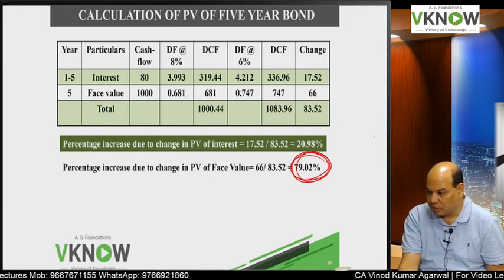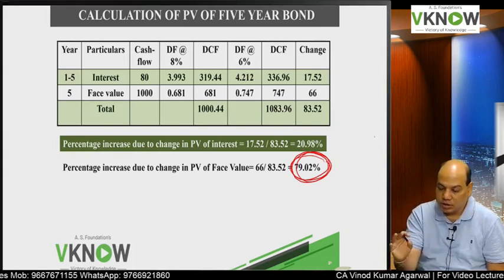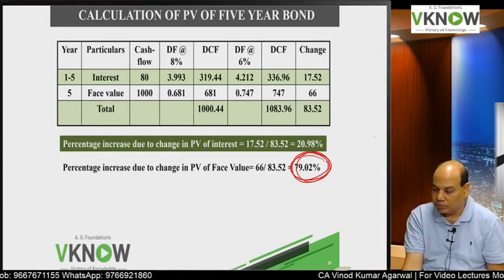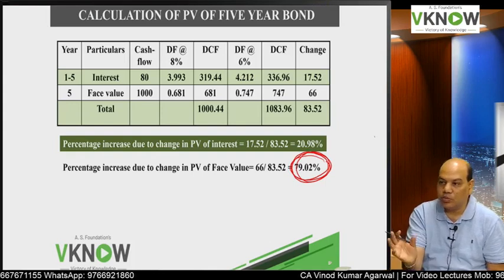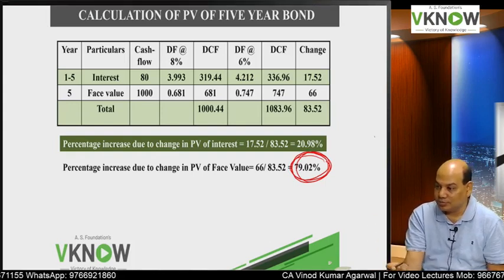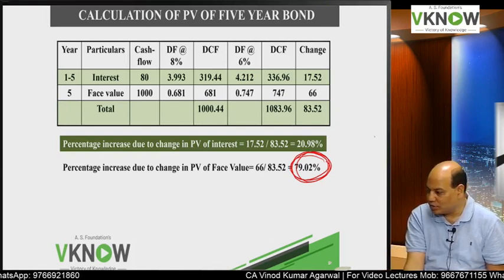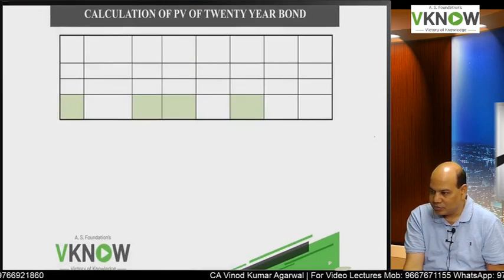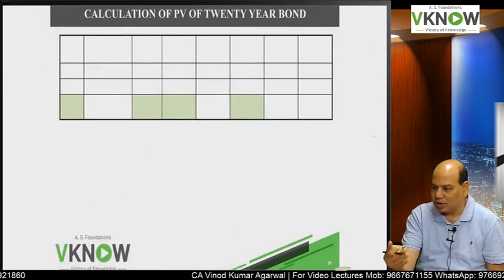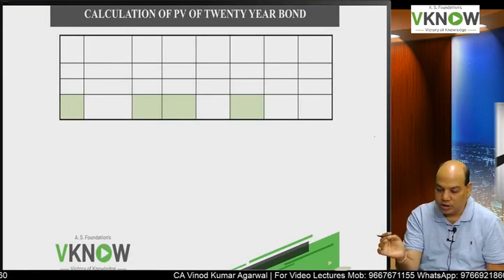If it is a 5-year bond. Now we'll do the same exercise for a 20-year bond, and let us see in the 20-year bond who contributes more, the coupon or the face value. Is the answer right? Okay, now just repetition of the same thing for a 20-year bond.